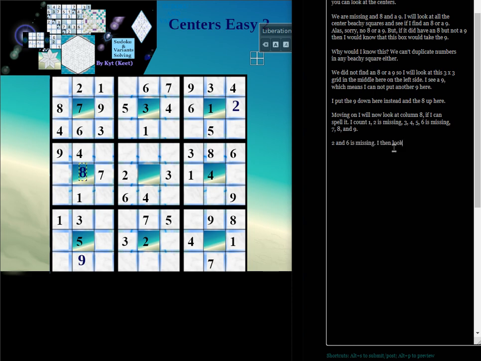I then look at the centers, those beachy squares. I see a 2 right here.